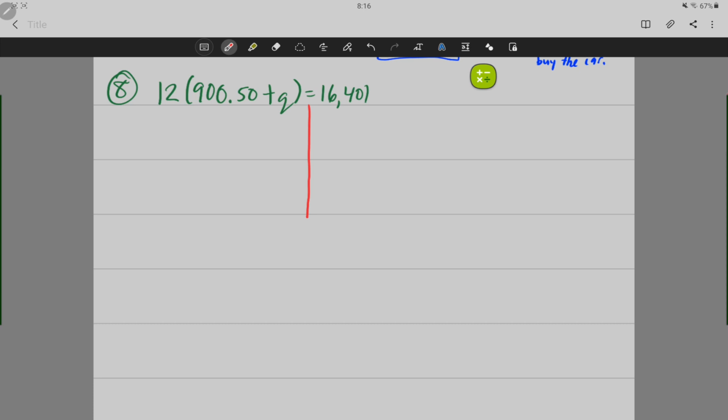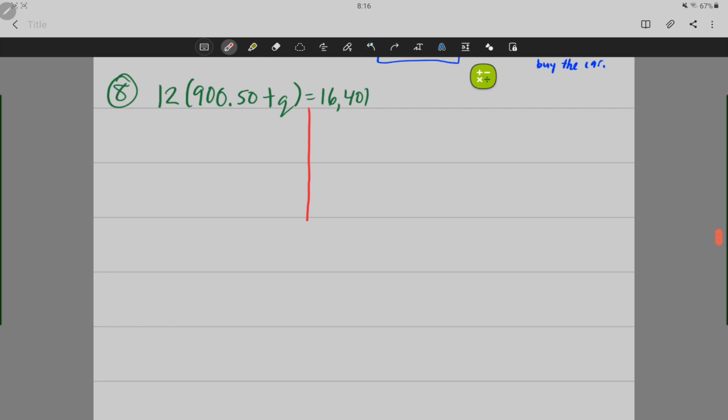Again, if you're comfortable distributing, yes, you can multiply 12 times $900.50 and 12 times the positive Q. Nothing wrong with that. However, I'm looking at the numbers and they are pretty large already. So what I will do is the second way I showed you for the other problem. So let's just divide by the number on the outside. So we're going to divide by 12 on both sides, there and there.